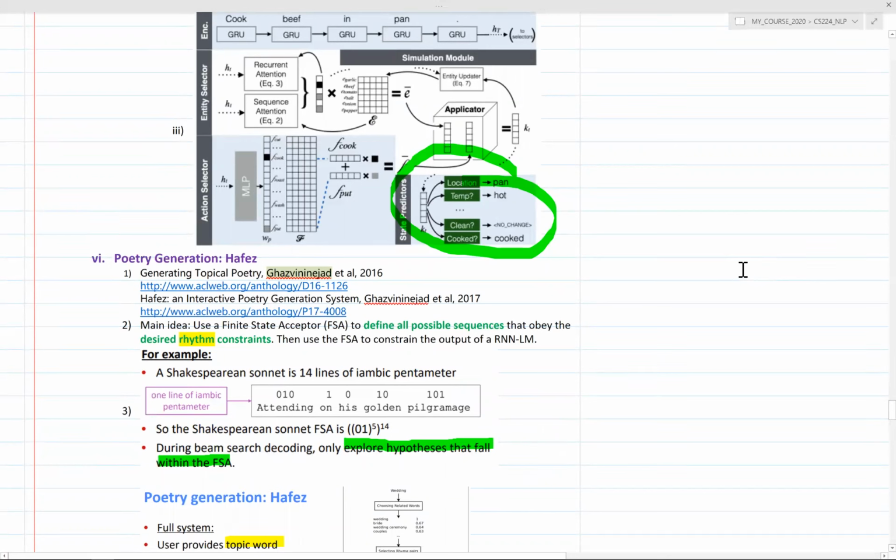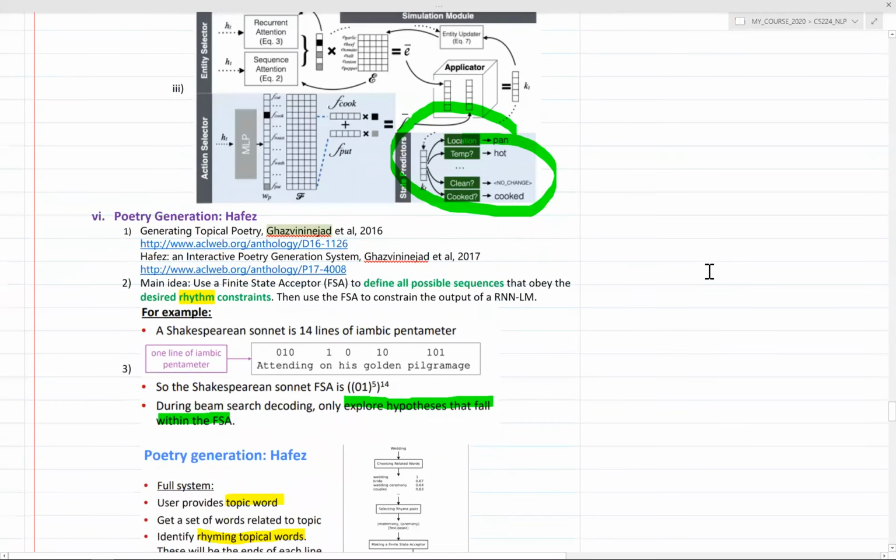So as for the neural language generation task, there's another interesting application. It's called the poetry generation. And this is mainly based on this guy's project called Hafez. And these two papers fully illustrate how it works.